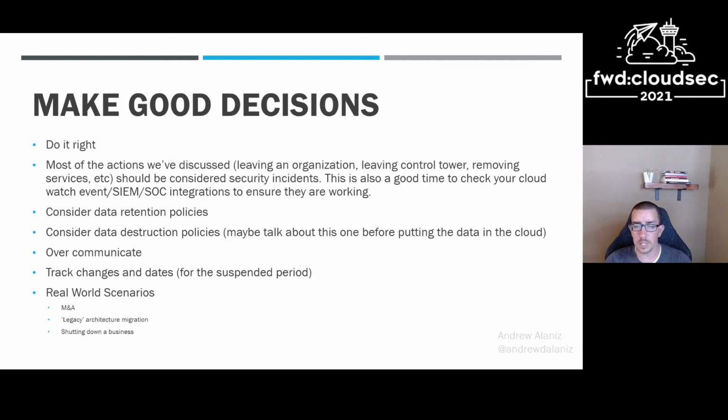So another one with the tracking changes is we had to track some of the changes we were doing separately, because once you delete the accounts, you lose some level of auditing. So obviously, if you have centralized logging within AWS, all those logs are shipped. But if you happen to remove an account from the organization, you're going to need to track that. Additionally, you can log into the accounts once the post-closure period happens.